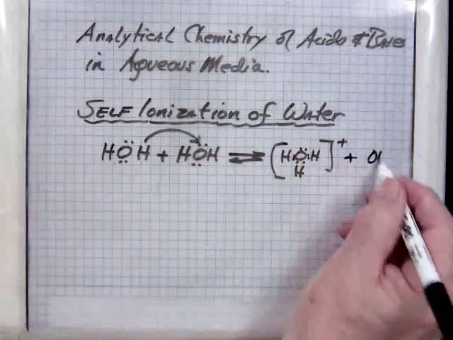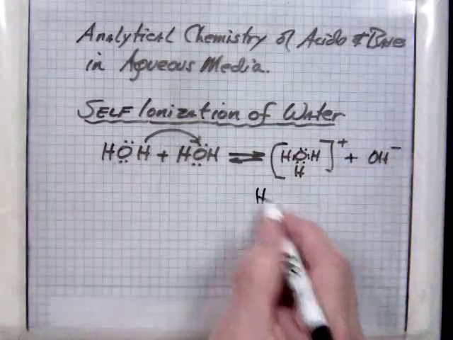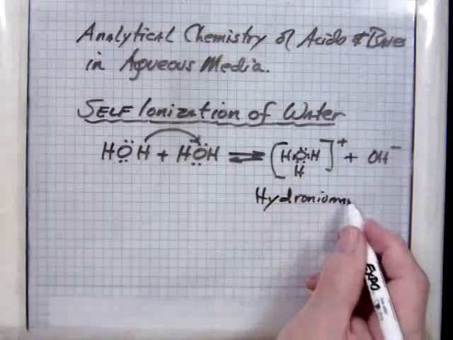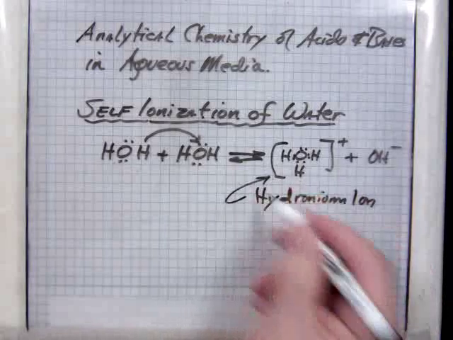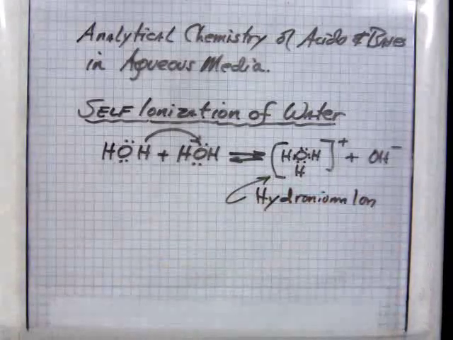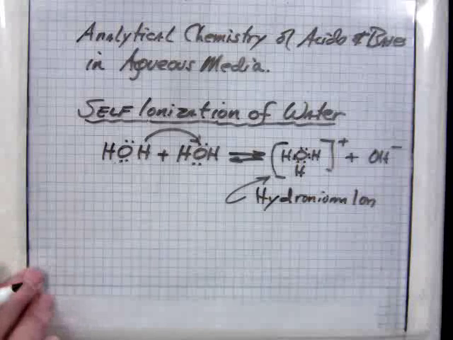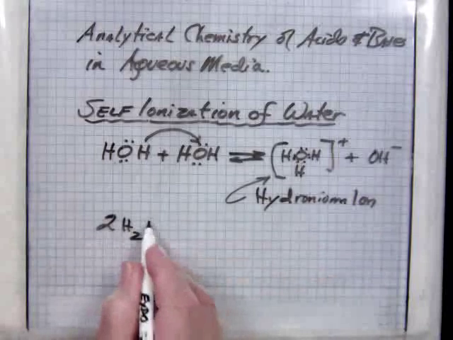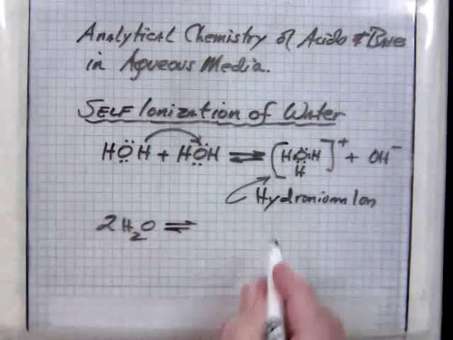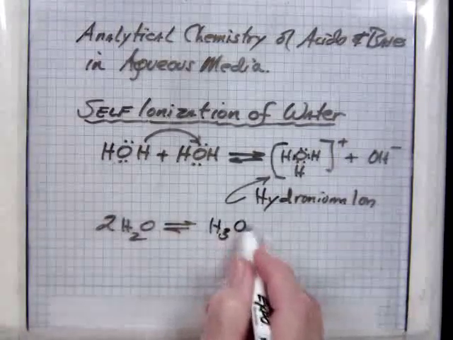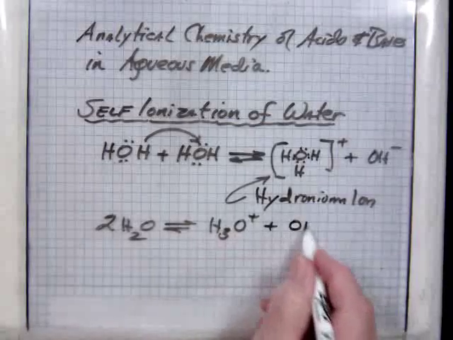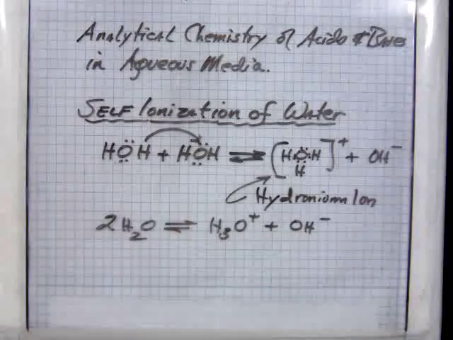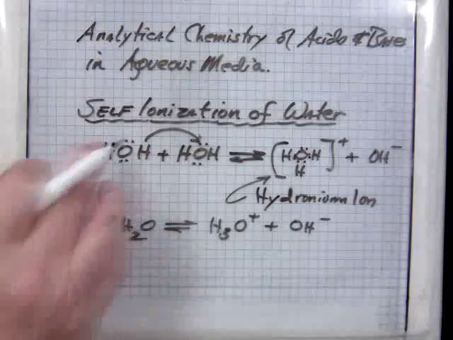And then you'll have a hydroxide over here, and this, of course, is the hydronium ion. Now, this is condensed into 2 H2O in equilibrium with H3O+ and OH-. And this is the net equation for the self-ionization of water.